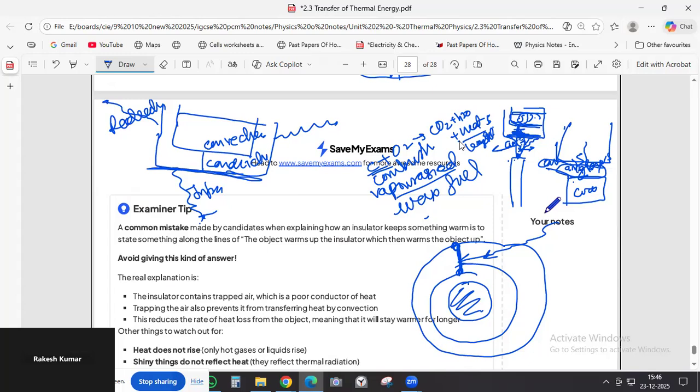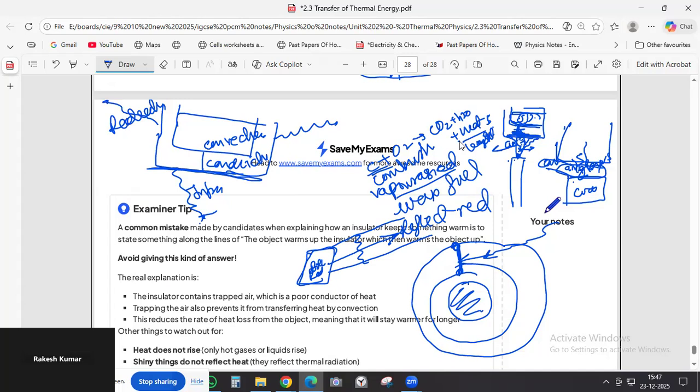If you see a red post box and put white light on it, white light has all the colors, and the red post box will absorb all the colors except its own. It will reflect red. The remaining it absorbs, and black can absorb all, so that's why it gets very hot.